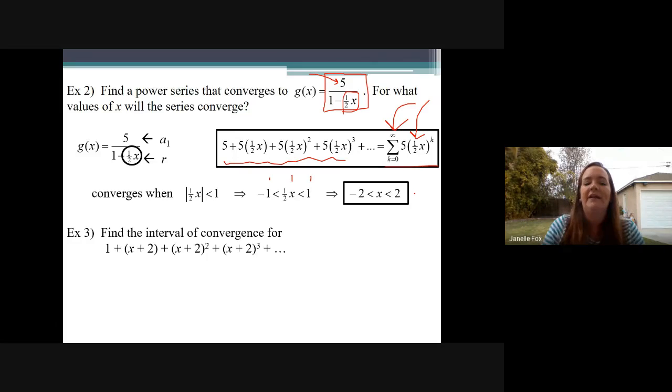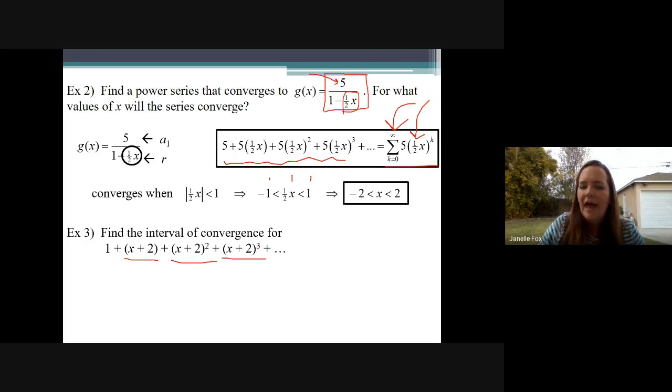Okay, this says find the interval of convergence for this beautiful guy right here. So you're thinking to yourself, okay, self, this really is just a power series. Now, why is it a power series? If you think about this, we are taking x plus 2 and raising it to a new power each time, to the first, to the second, to the third.